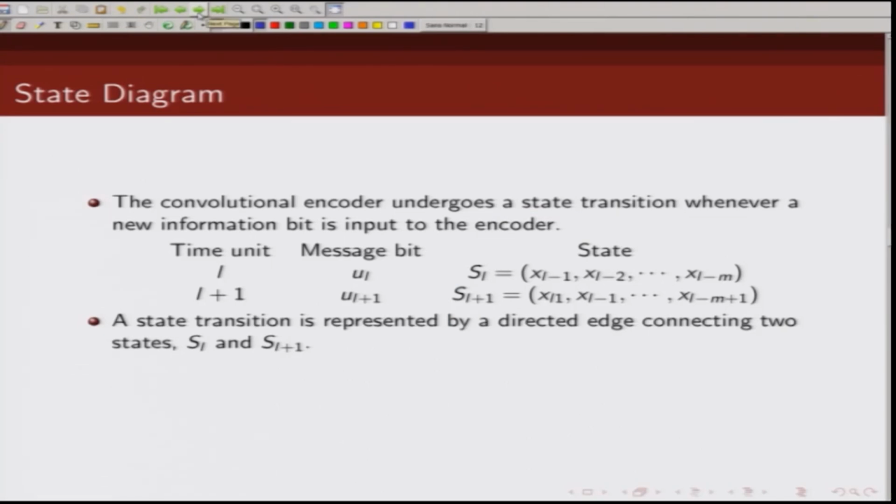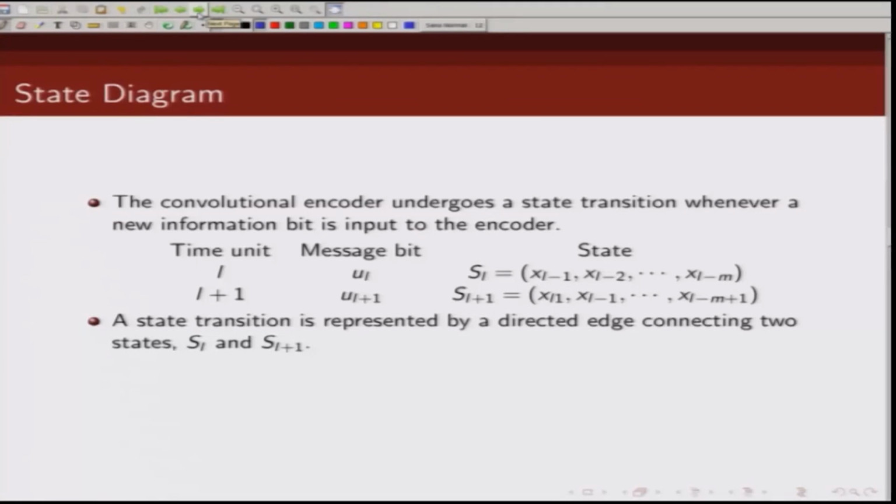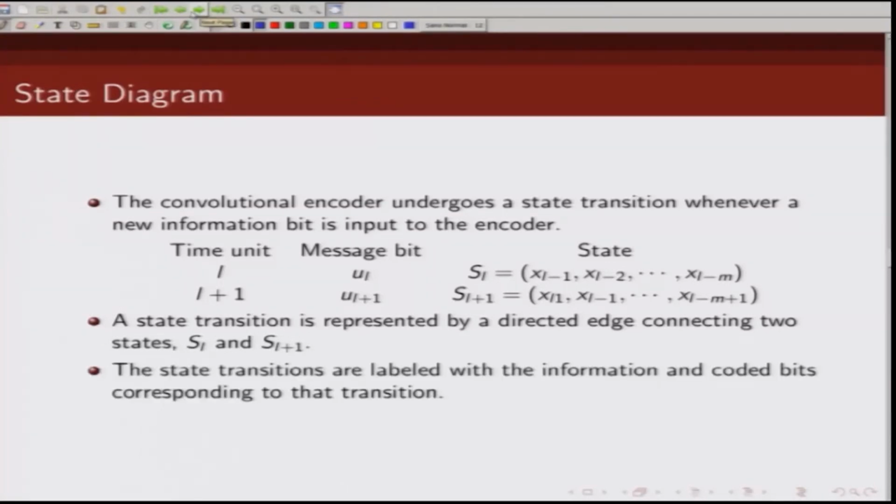These state transitions are represented in a state diagram by a directed edge. If there is a directed edge from state S L to state S L plus 1, that means from state S L you will undergo a state transition to state S L plus 1 when a particular new bit has arrived. Normally we label these state transitions with the information bit that caused the transition and the coded bits corresponding to it.